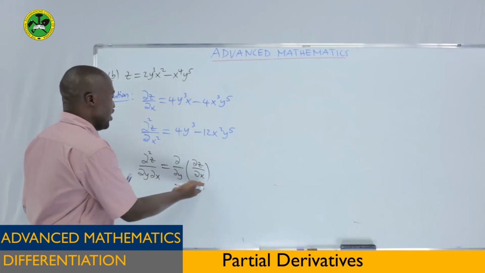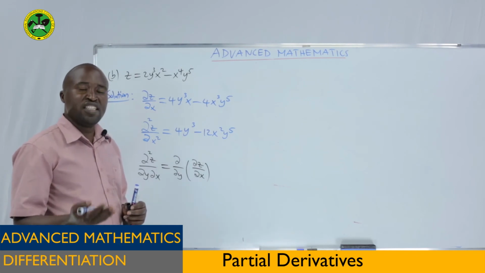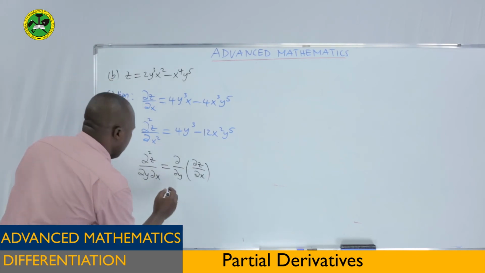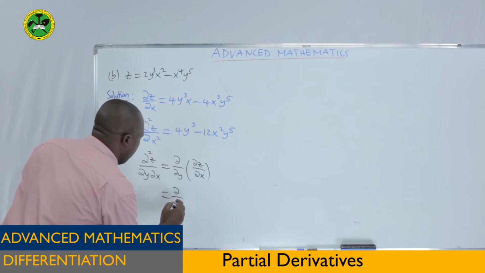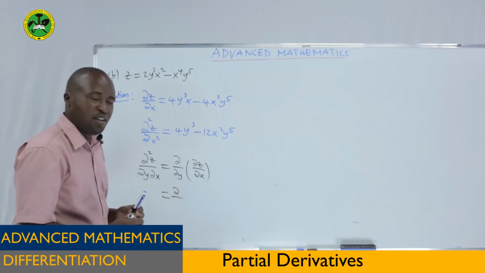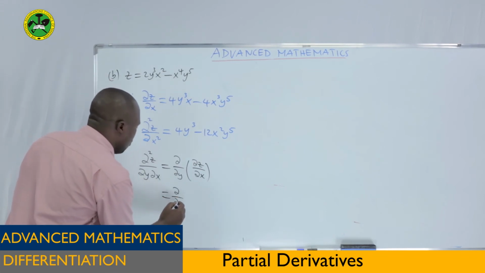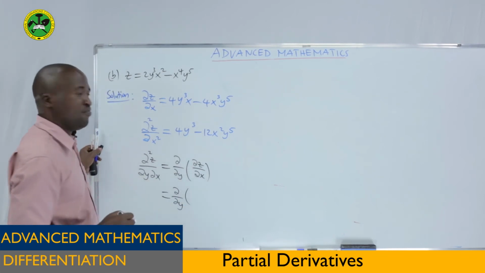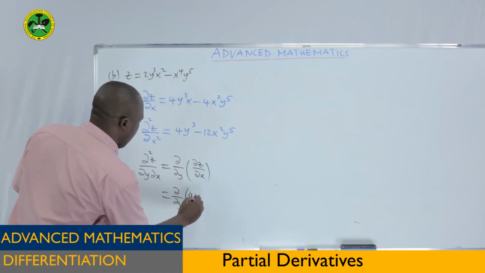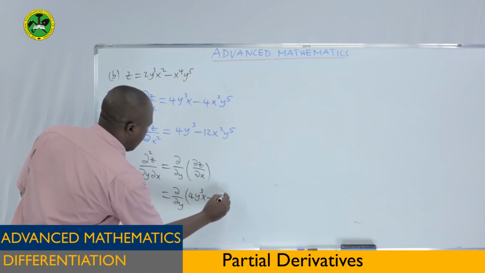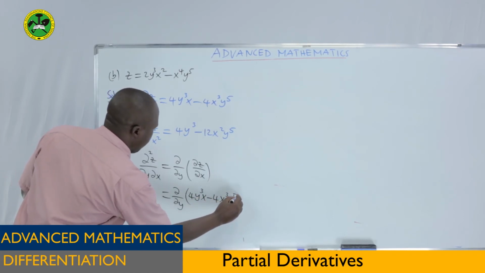And already we have this value of partial derivative of z with respect to x, which is the same as partial derivative with respect to y of, here we have, that is 4y cubic x minus 4x cubic y power 5.